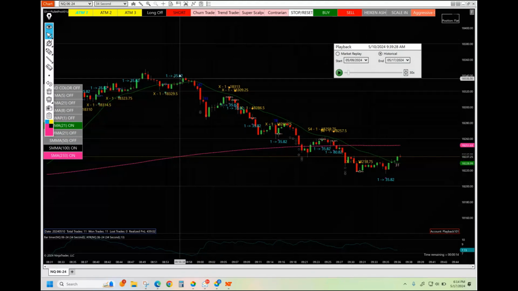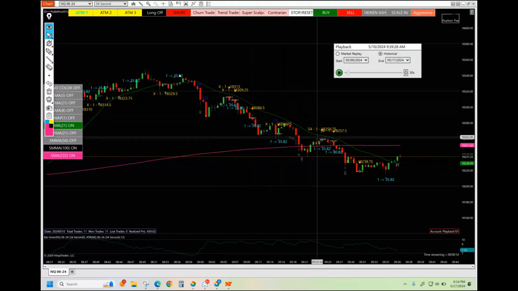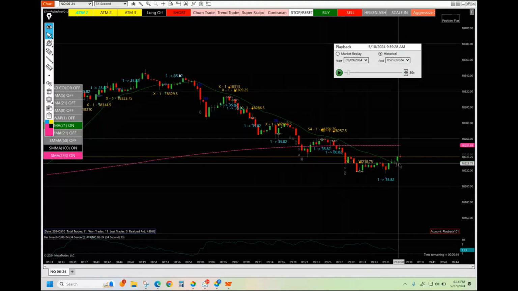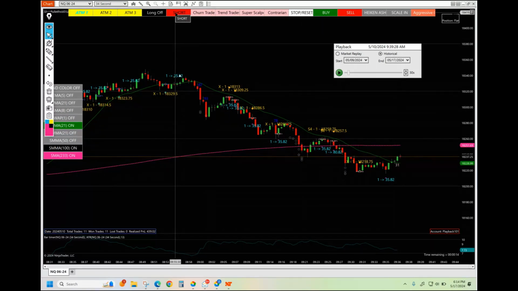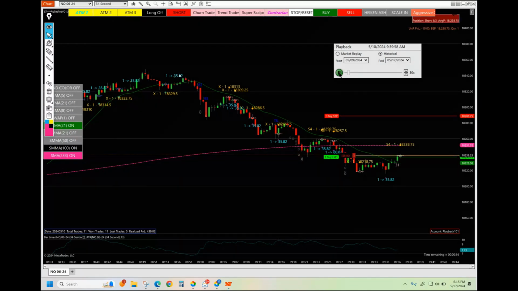Not a single time did it even reach the 21 SMA before, but now it has crossed it. So my default strategy is over. My game is not valid anymore. If at all, I can take a contrarian trade here. Let's see. Order filled.